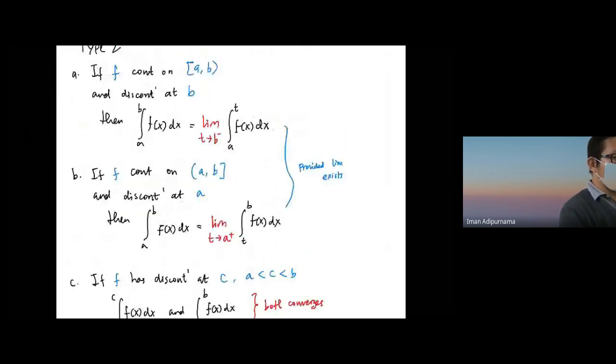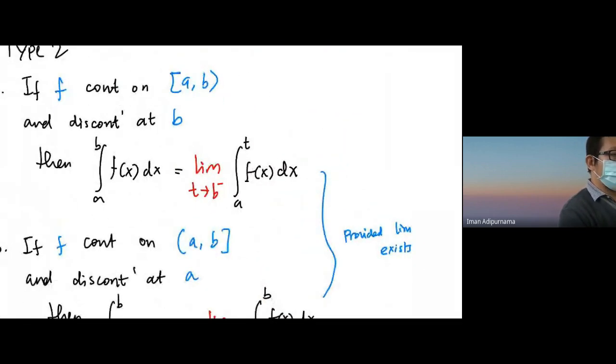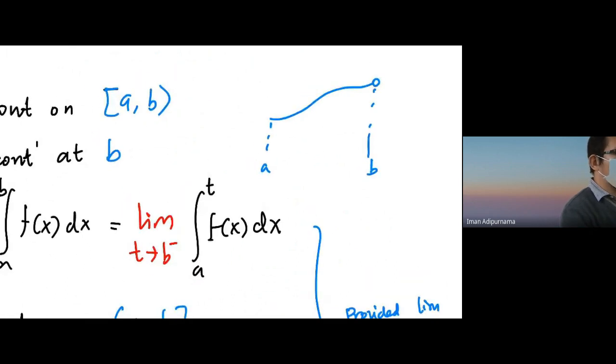Okay, what does that mean in our case here? So you have our function. This is maybe a, this is b. If this is having a discontinuity like that, of course, if you are approaching the limit from the left of b, it's still possible, right? Because we have continuity here, and we approach the limit from the left of b.